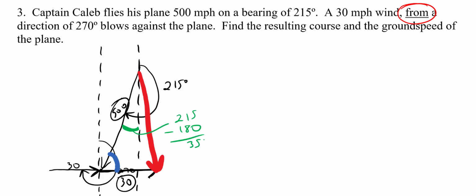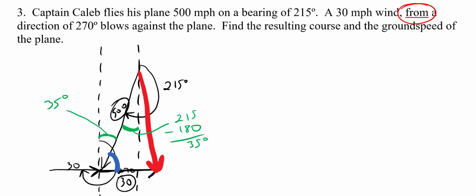That gives me 35 degrees. Okay, that is going to give me this 35 degrees. Usually we're doing almost the same thing every time. So that's alternate interior because those two dotted lines are parallel. So that's 35 degrees.